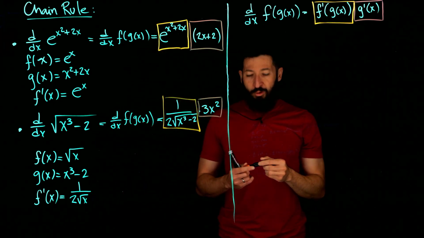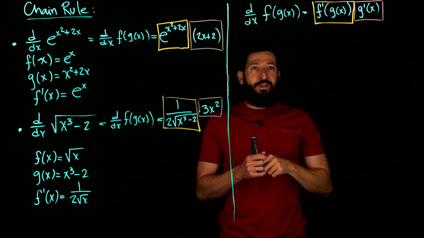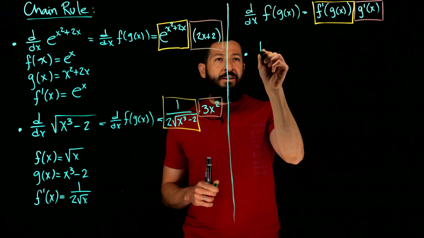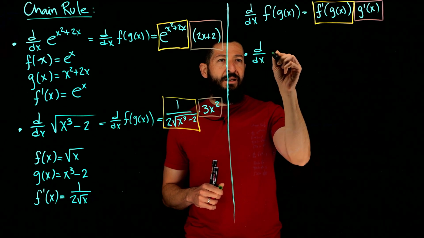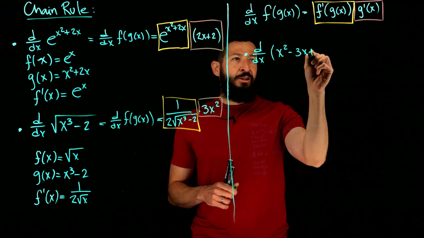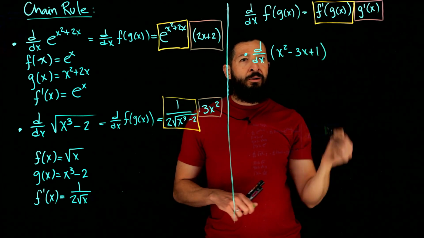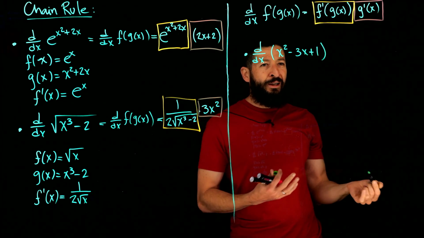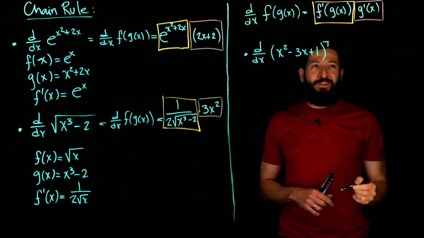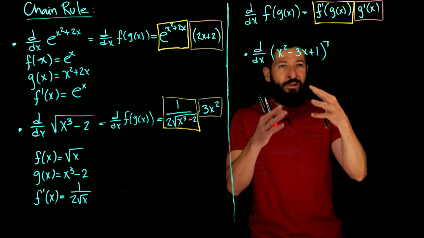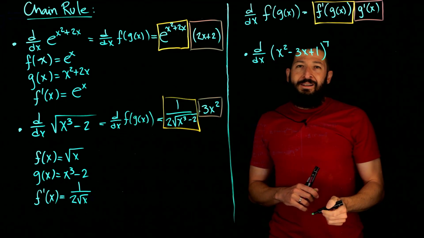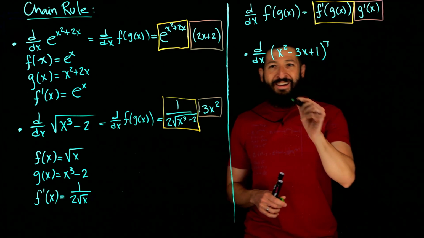So let's do one more just to make sure that we're getting what's happening. So now we're going to do the derivative of, say, x squared minus 3x plus 1 to the power of something you wouldn't want to FOIL out or distribute out, say a power of 7. I mean, sure, you could just do the 7th power, compute it algebraically, get a huge expression, and take the derivative term by term. But why?